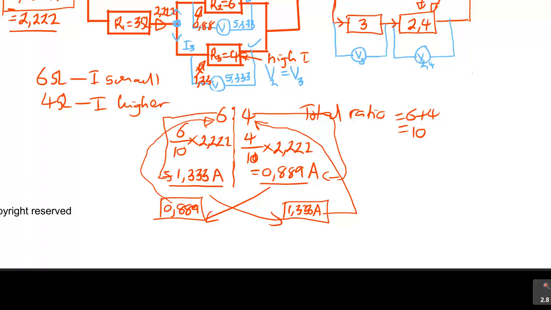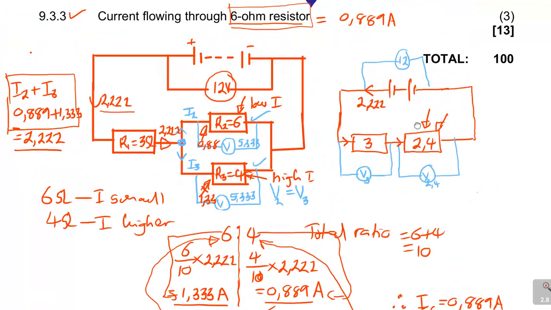If you know the relationship between inversely and directly proportional, then you can conclude that I passing through the 6 ohm resistor is 0,889. You just need more practice on it, and you'll be able to flow with that.